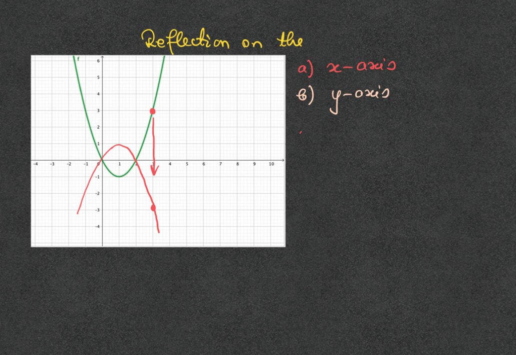So if we look at the same approach as before, x new is going to be the same as x old, and y new is going to be minus y old.